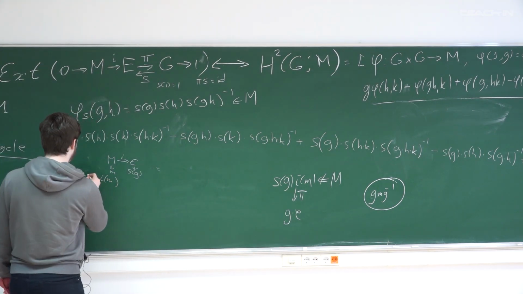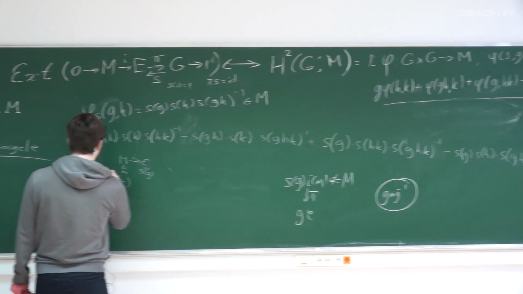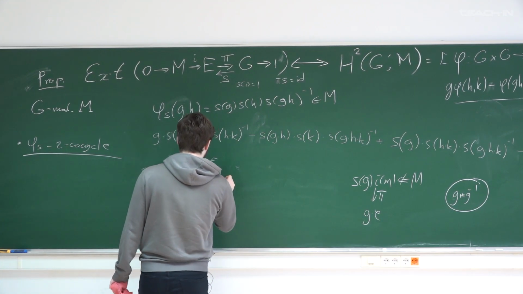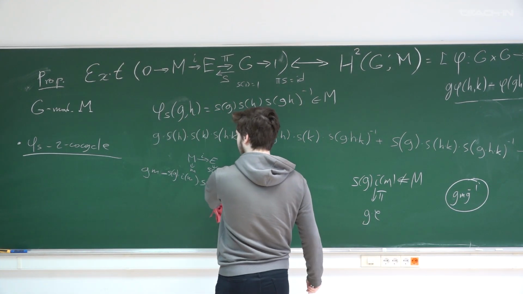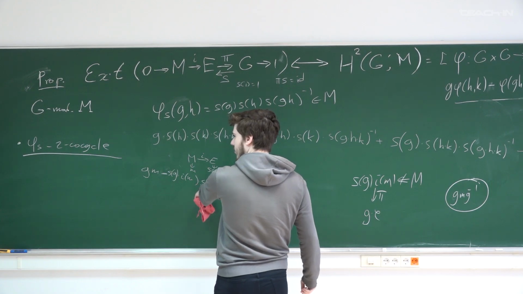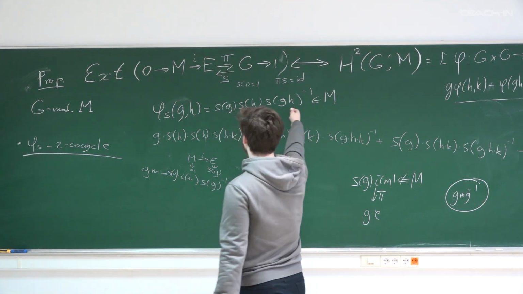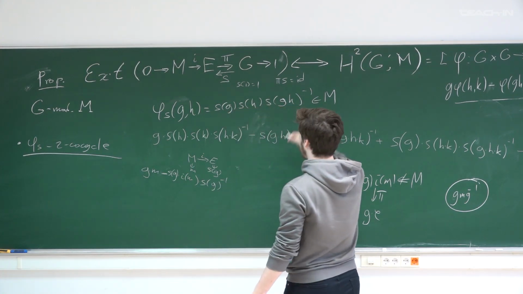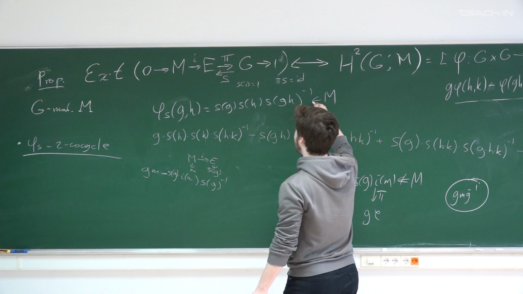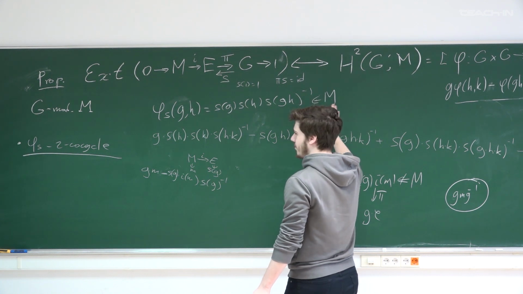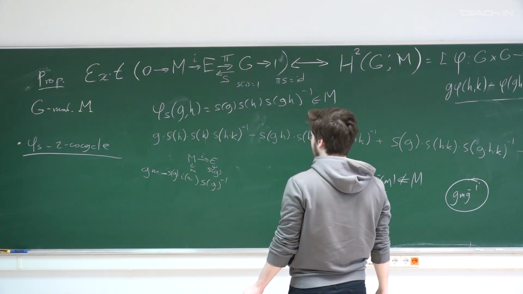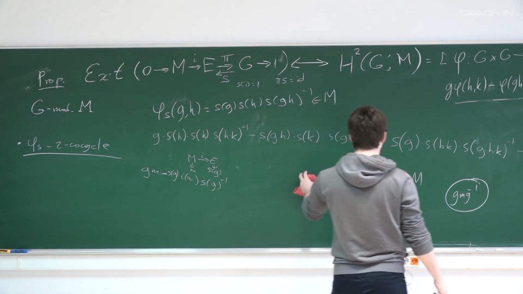So this action is conjugation by g. You can use s notation if you want, but formally this action does not depend on the choice of the preimage. I understand.